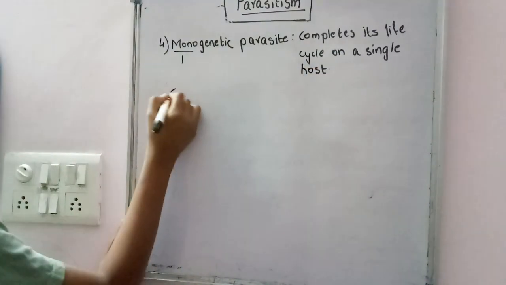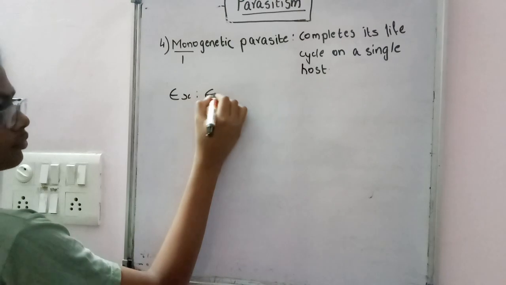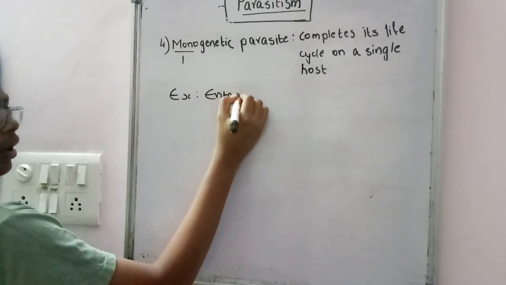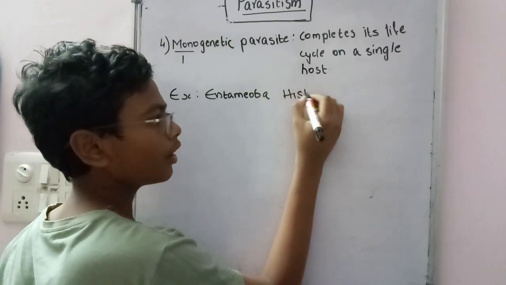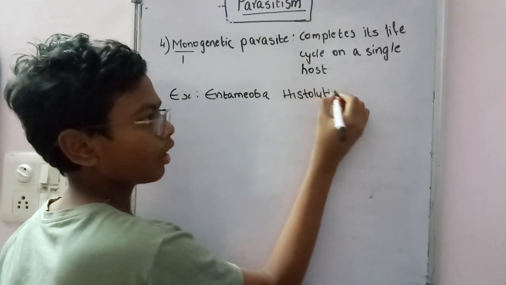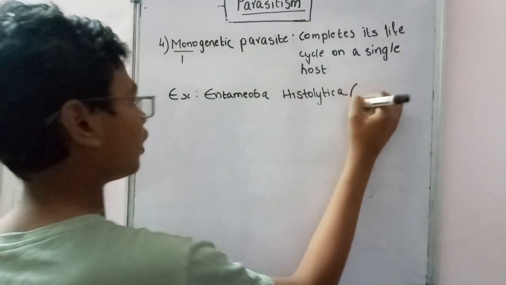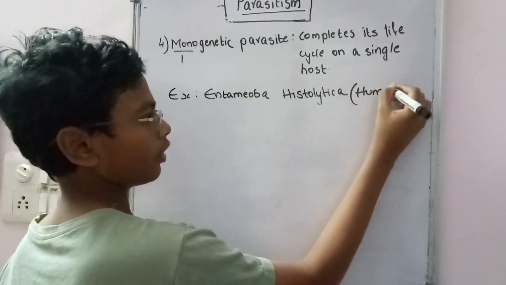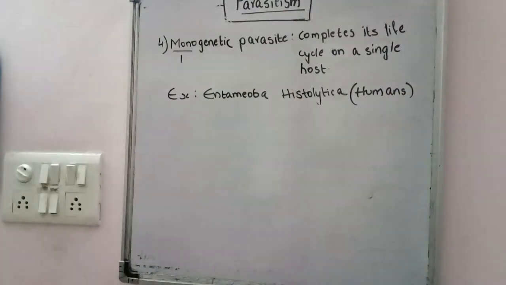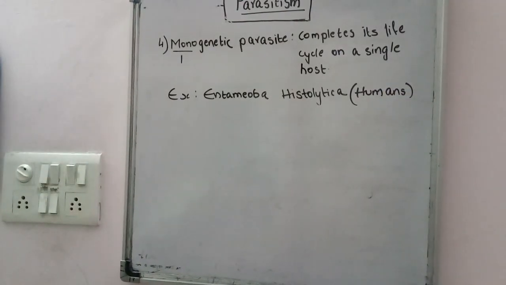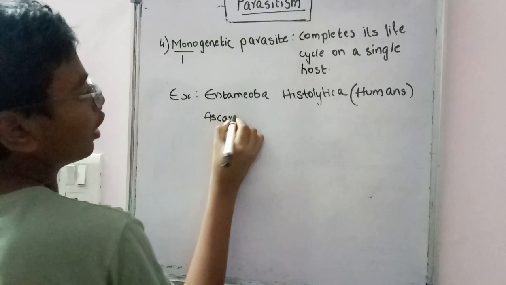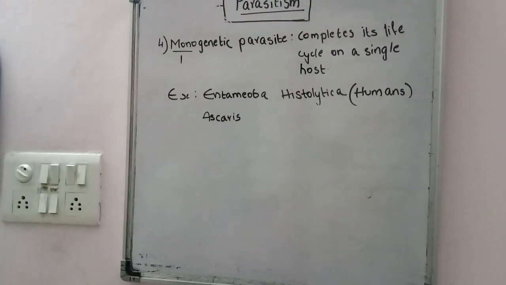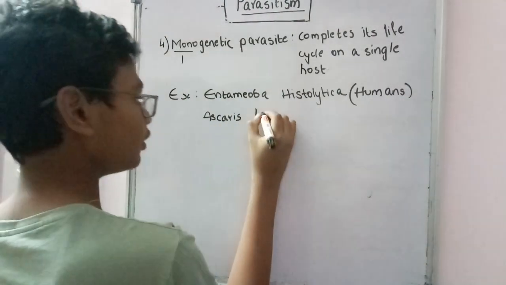You go to examples, you'll get Entamoeba histolytica, and Entamoeba histolytica lives on humans. And the second example is Ascaris lumbricoides.